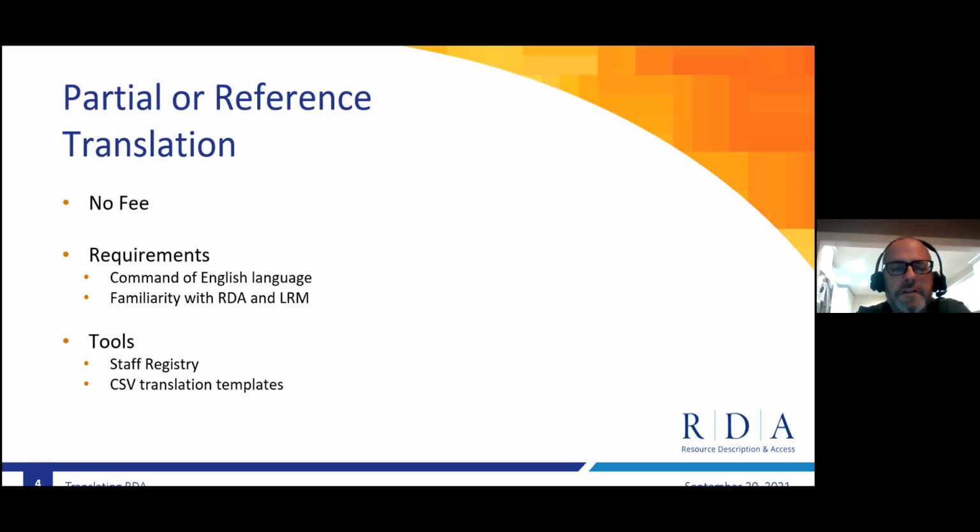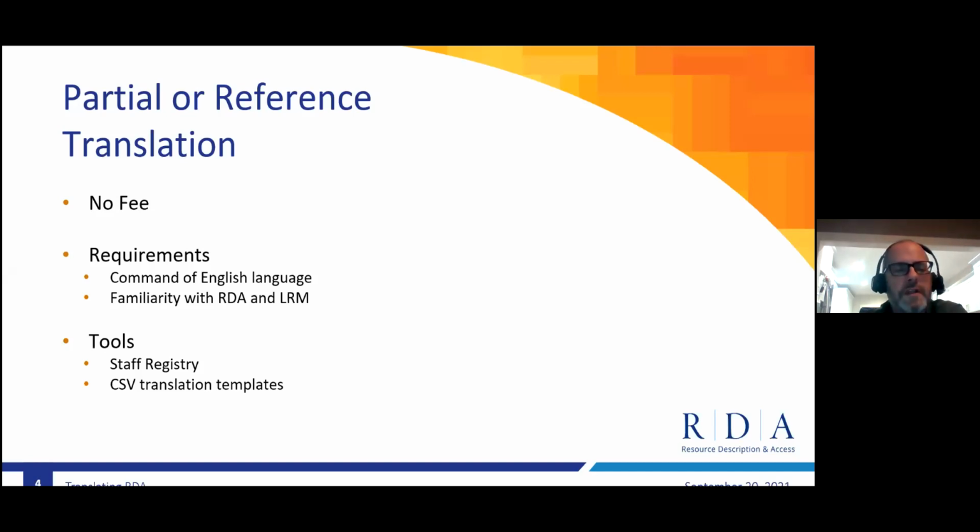The partial reference is really the RDA glossary. It's the entities, elements, vocabularies, and other terms that are critical to the RDA standard. It includes their definitions and scope notes.